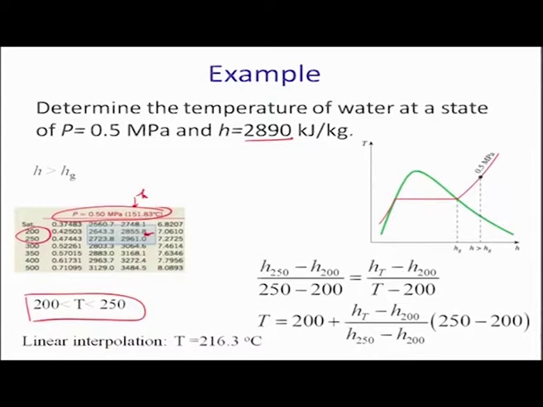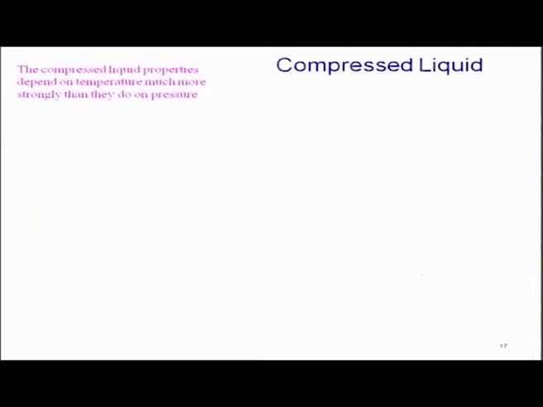That is what we are going to use, delta H divided by the temperature, and from here we rearrange to get the temperature, which comes out to be 216.3 degrees Celsius. What we are looking at is simply the slope of the line between these two points. This is a common way of solving problems where the data are not given for each point, so we make use of linear interpolation.